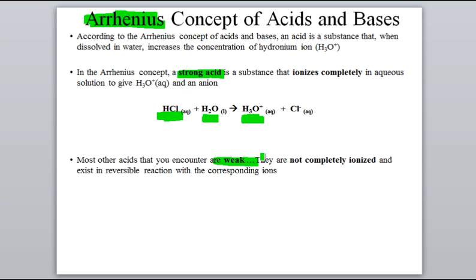So what's the difference between those two? Arrhenius said a strong acid, when it's put into an aqueous environment, completely reacts. So it ionizes completely. For our example below, a neutral HCl molecule, if that's put into water, virtually all of them react and form the chloride ion.